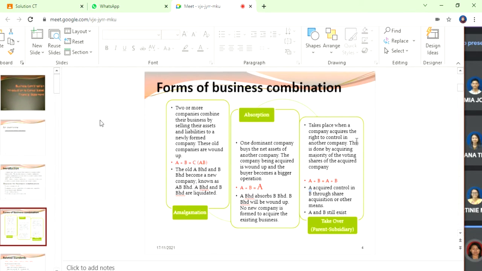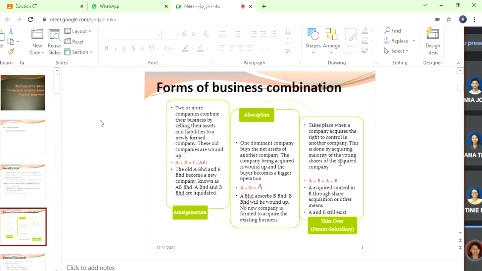This is what we are going to focus on. So here we have company A and company B. What happened is that company A will acquire the right to control company B. How is it done?